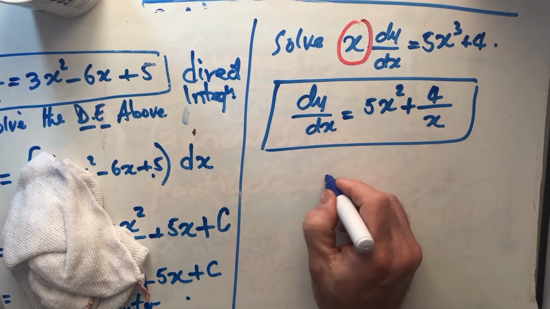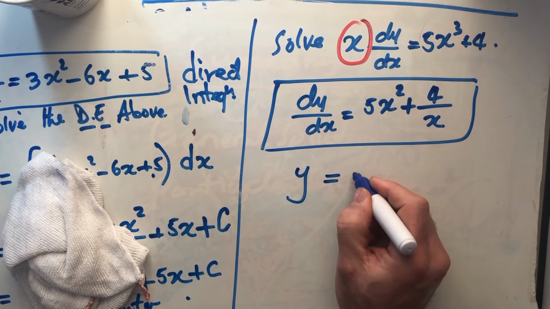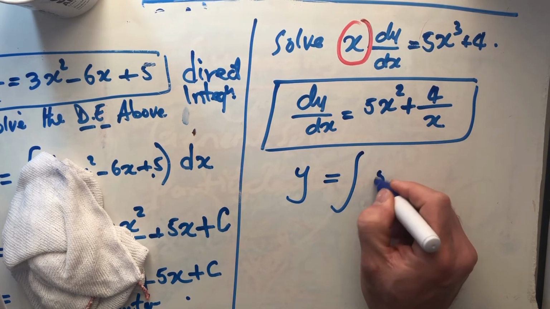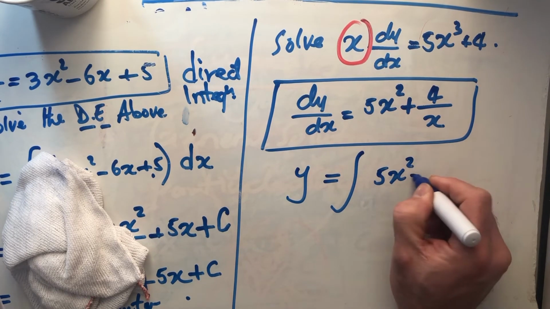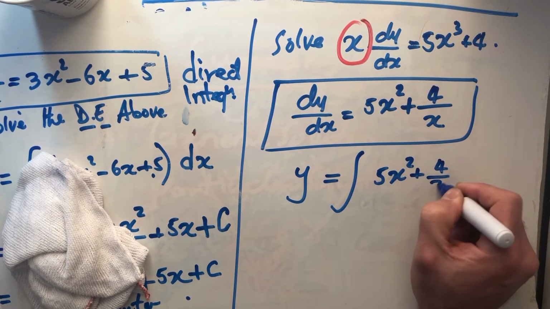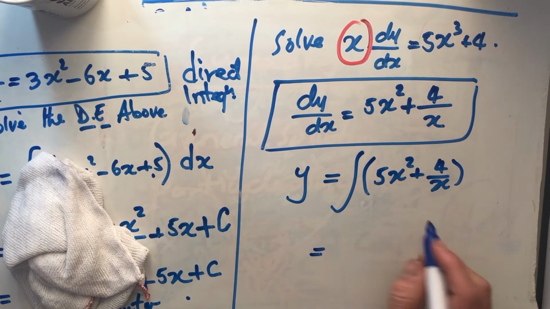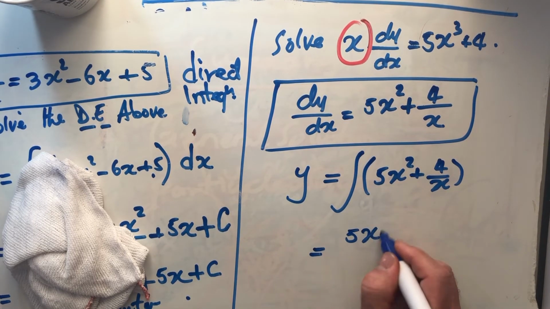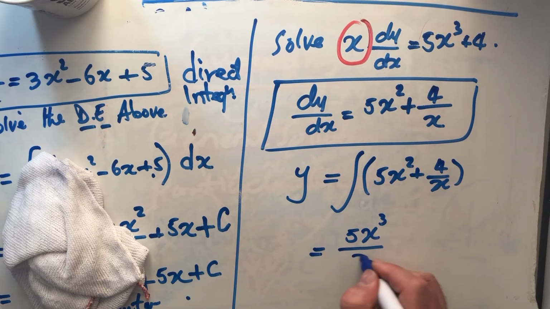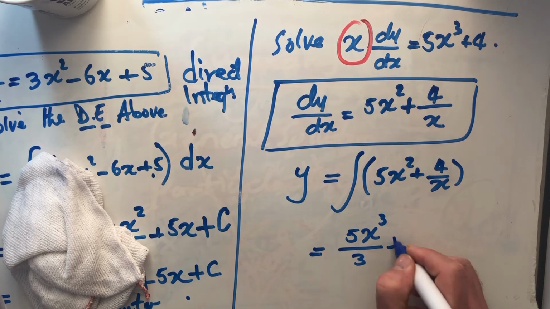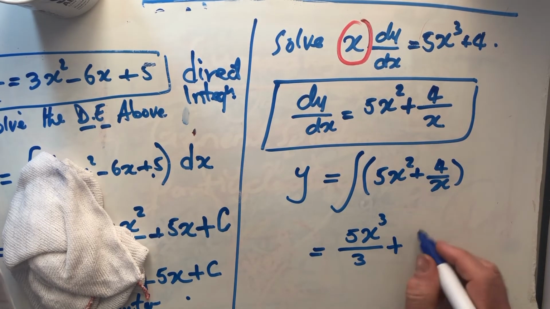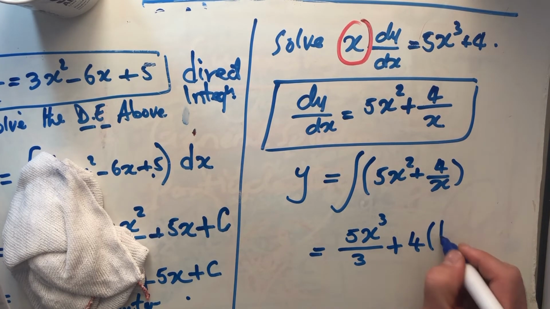Okay, so this will become y is equal to the integration of this new function, 5x squared plus 4 over x. This will equal 5x cubed divided by 3 plus, well, this is 4 times 1 over x.